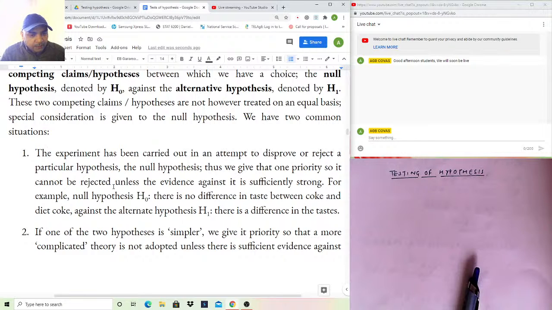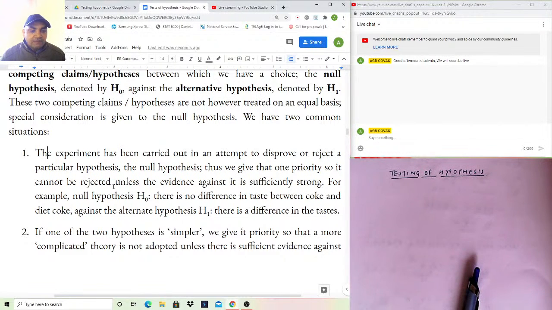For example, we take a null hypothesis that there is no difference in taste between Coke and Diet Coke, against the alternate hypothesis H1 that there is a difference in the taste. So what we have taken as a statement is that there is no difference in the taste between Coke and Diet Coke.